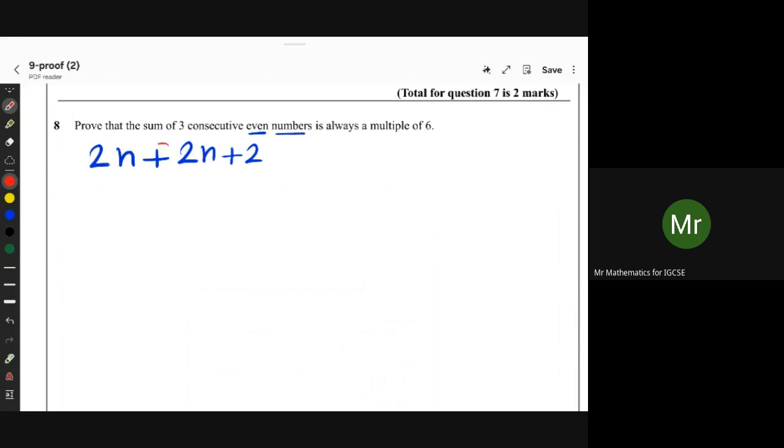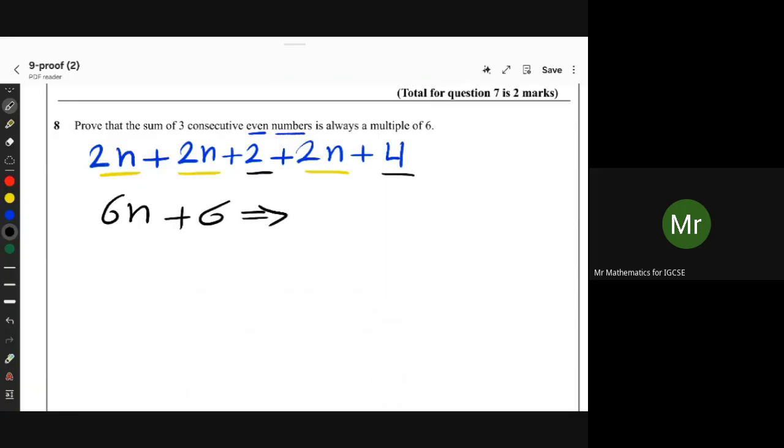Why are we adding? As he said, sum. Plus 2n plus 4. So now we can add the like terms: 2n plus 2n plus 2n is 6n, plus 2 plus 4 is 6.